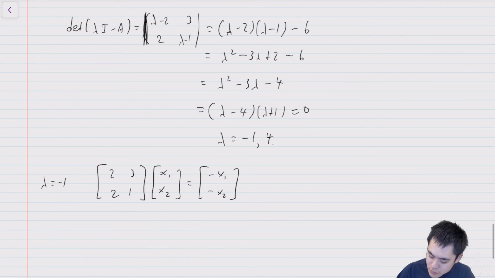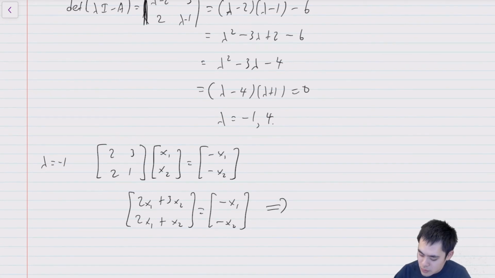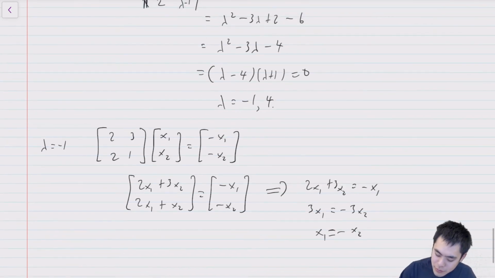That implies 2x1 plus 3x2, 2x1 plus x2 is equal to minus x1, minus x2, which implies 2x1 plus 3x2 is equal to minus x1, 3x1 is equal to minus 3x2, x1 is equal to minus x2.